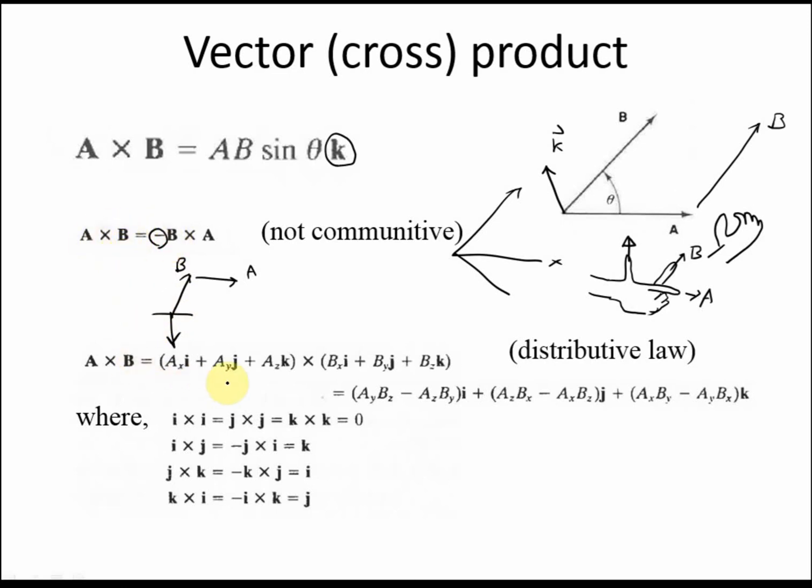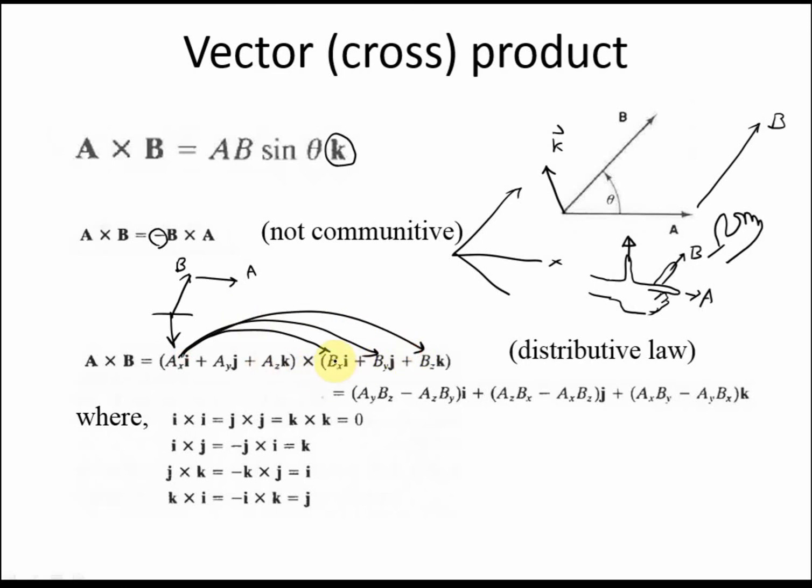And then for the result of the cross product using the components of the vectors, if you use the distributive law, you can multiply this one to here and this one to here and this one to here, like that.